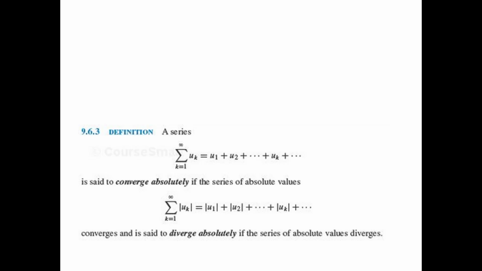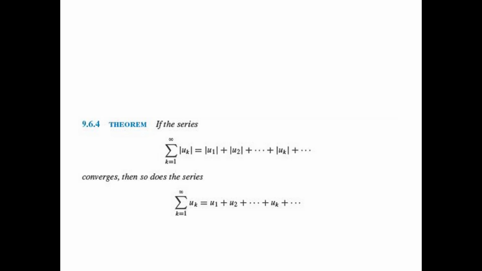So then we talked a little bit about absolute convergence. A series is said to converge absolutely if the series of absolute values converges, and is said to diverge absolutely if the series of absolute values diverges. And then we have this nice result.